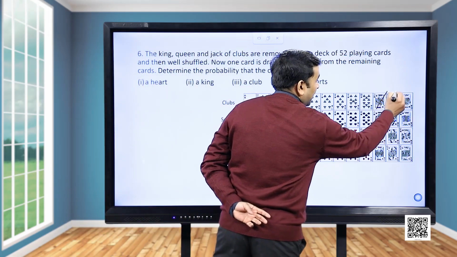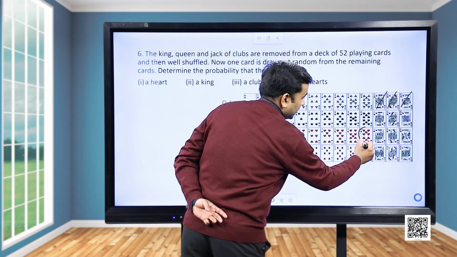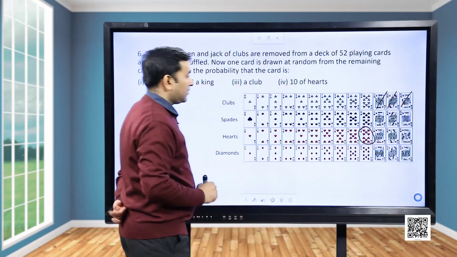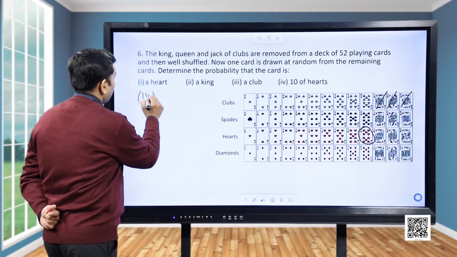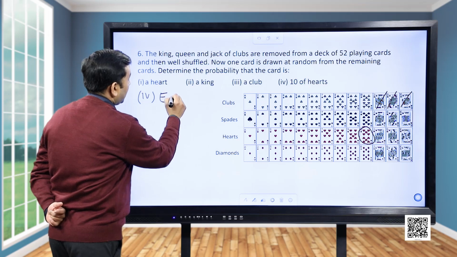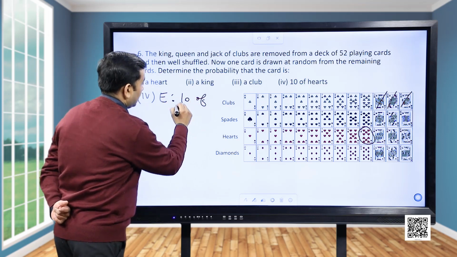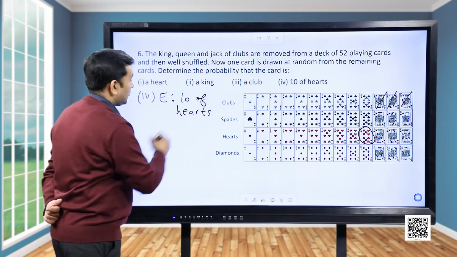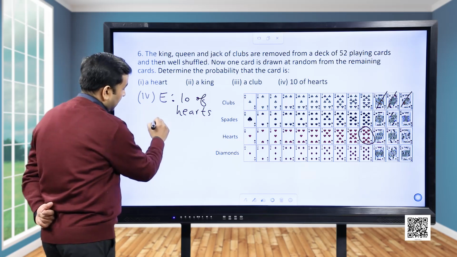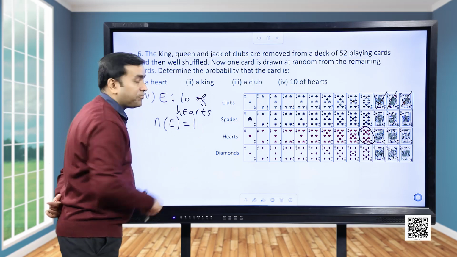Remember that we don't have these 3 cards, and 10 of hearts is this one. So let E be the event of getting 10 of hearts. So what is the number of favorable outcomes? Very simple, it is just 1.